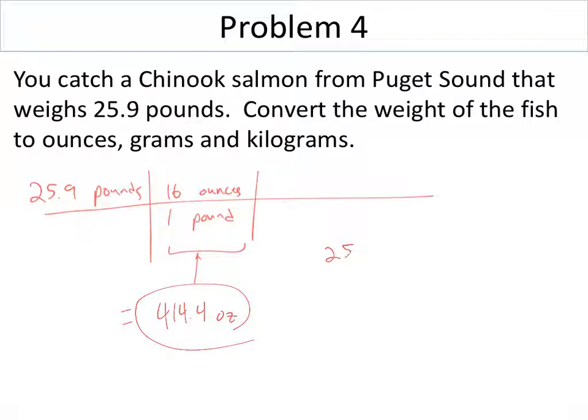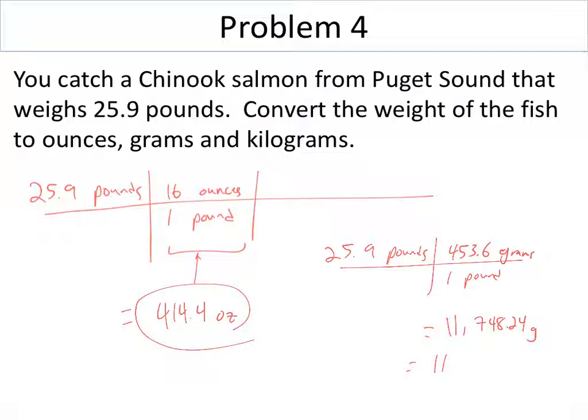So I'm going to start a second conversion, 25.9 pounds. And I know that 1 pound is 453.6 grams. So if I take 25.9 and I multiply by 453.6, I get 11,748.24 grams.